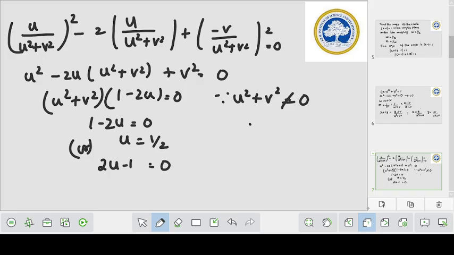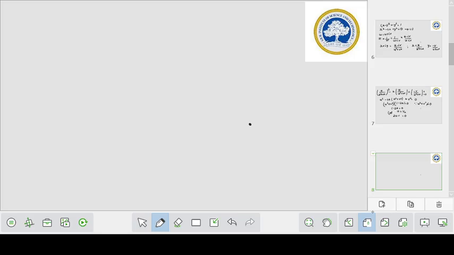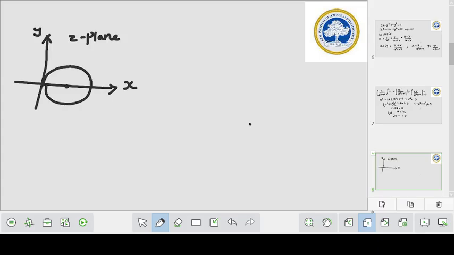So what is this? 2u minus 1 equal to 0 is a straight line in the w plane. Now we are going to draw the diagram for this. In the z plane, you have the x-axis and y-axis, and it is a circle with center (1, 0) and radius 1.